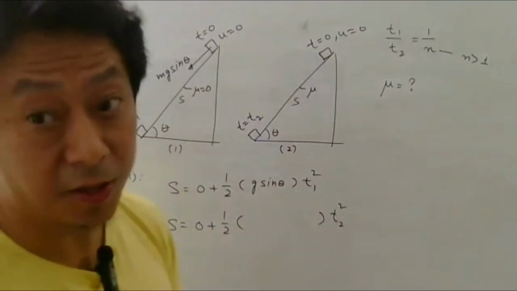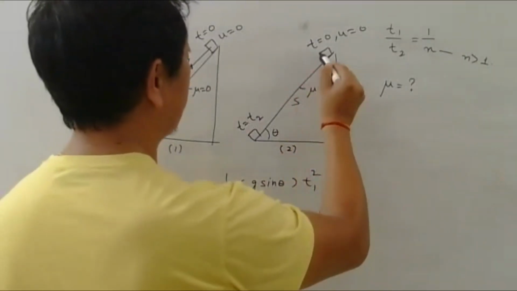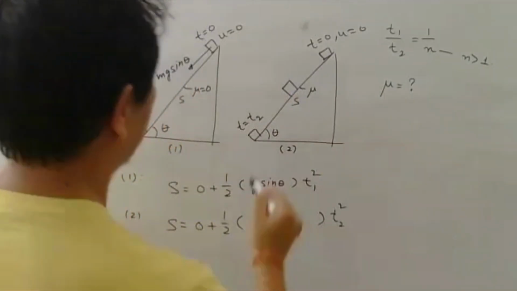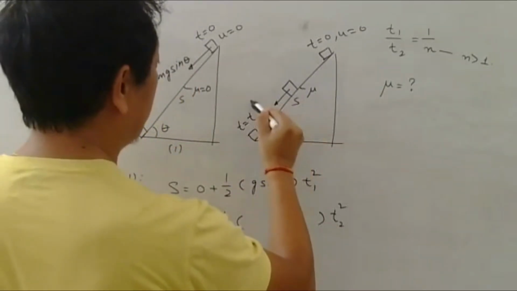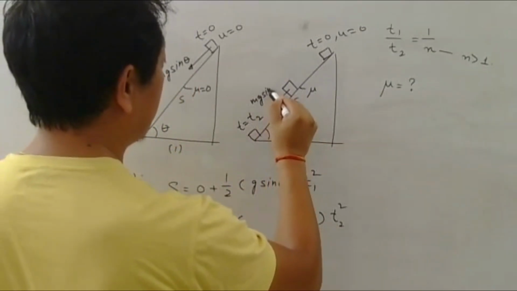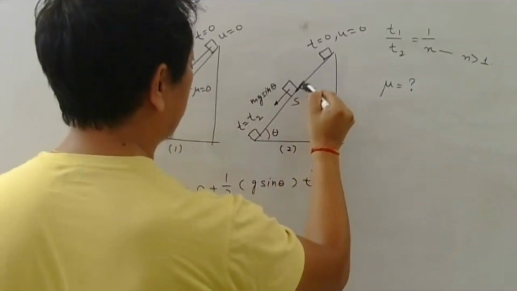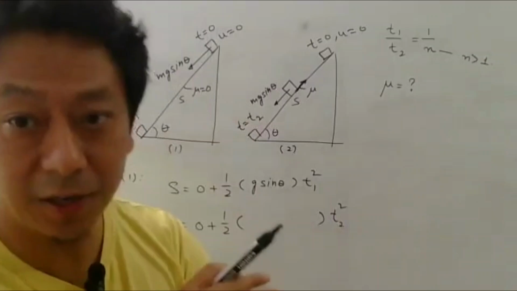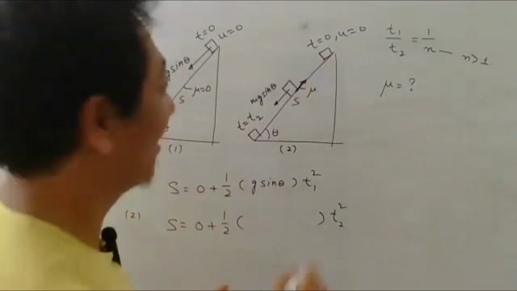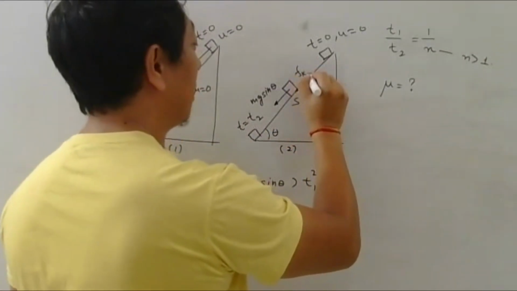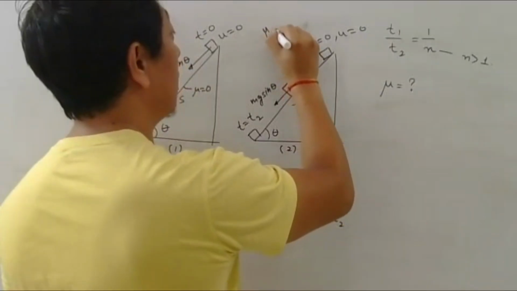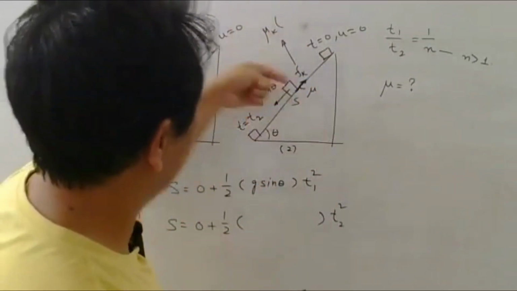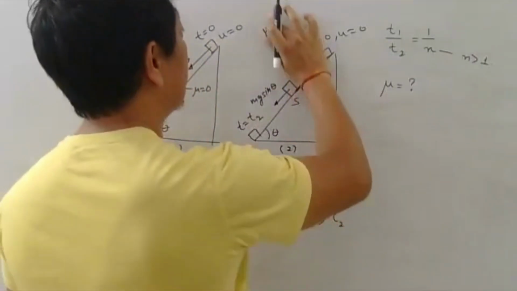Here, what will be acceleration? First, try to find the force. Let me draw the force diagram here. So here, component of gravity will be mg sine theta. Here, it will be kinetic friction. Remember, kinetic friction, because it is sliding. They told. Then only to reach here, right? So this kinetic friction is Fk, which is equals to mu k into normal. But normal is balancing which force? Mg cos theta.